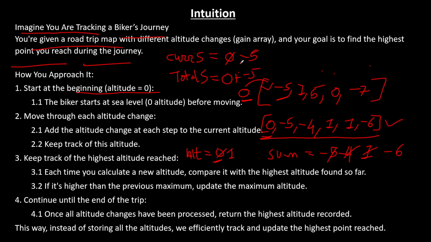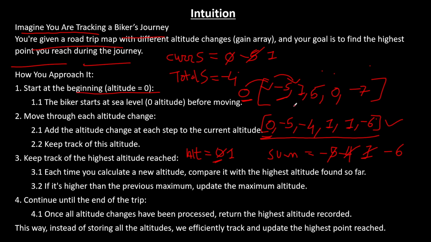The total sum becomes -5. It's simple addition, nothing else. Now when you move ahead again, you get 1. You add this 1 to the total sum and it becomes -4. Similarly, you keep on moving and keep on calculating the total sum and storing it in the given array.